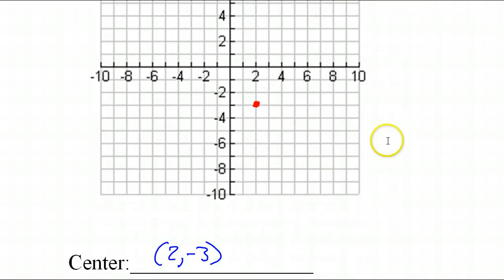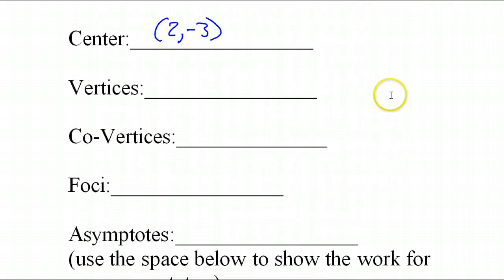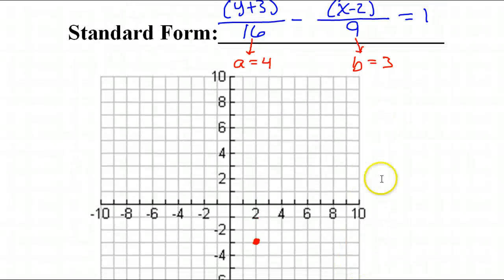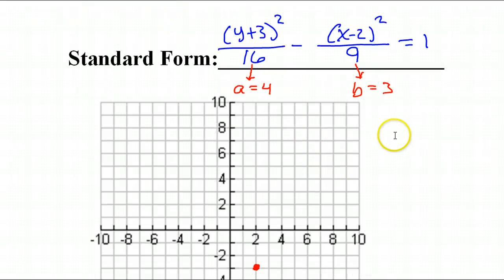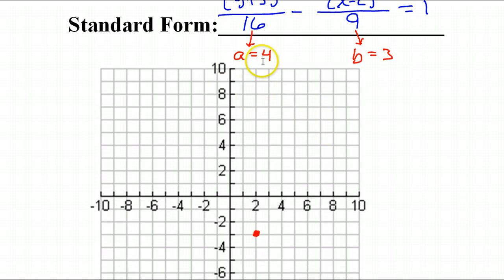I guess we don't list that anywhere, but just know that it's going to be vertical. So A is, if this is a squared, then A is 4 and B is 3. Whatever I'm calling the A value, it's always going to be the positive one for a hyperbola. It didn't have to be the biggest.